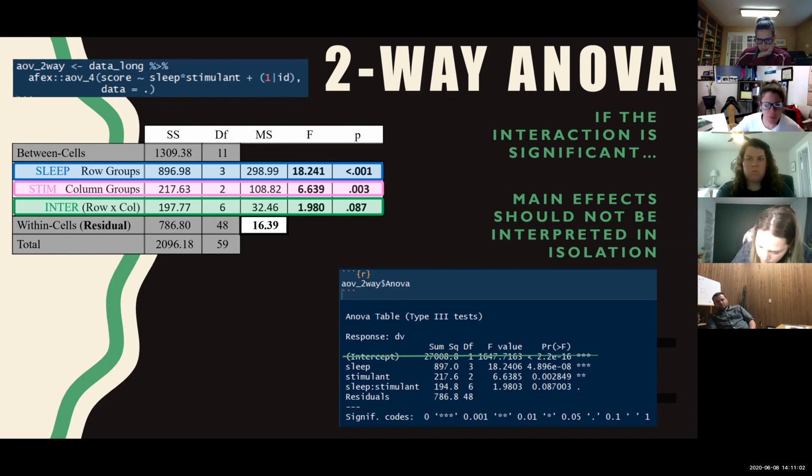And you would say there is an effect of sleep and stimulant, but there's no interaction. And then you can probe each of the main effects by doing post hoc tests, either pairwise or contrast statements, looking at the plots. We already looked at some plots that would help us. We could do all pairwise for those. We didn't have an a priori contrast setup before we gathered the data.